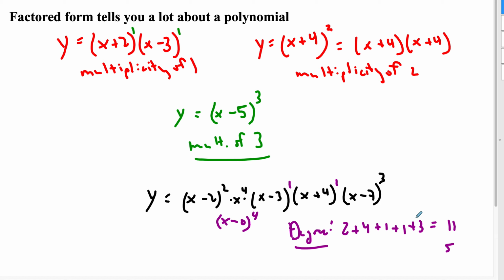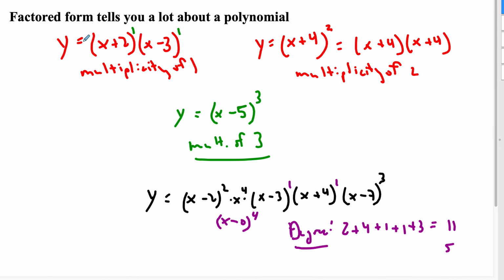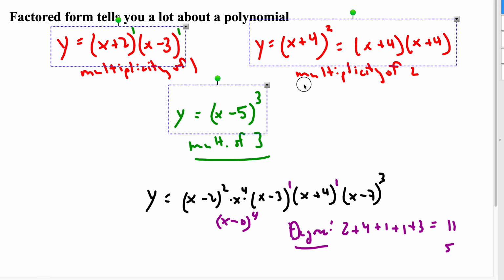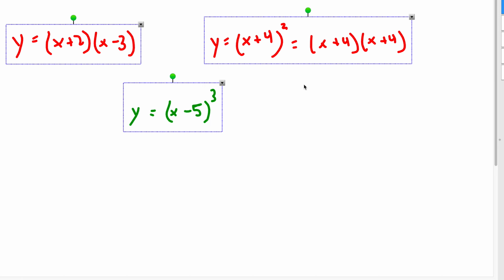But first, we're going to talk about what these things look like. So let's take our examples, and I think we can just copy and paste.